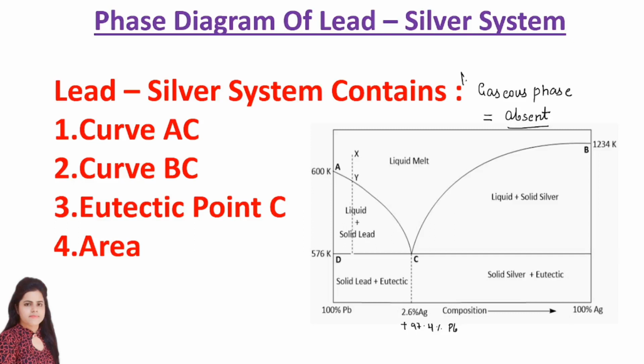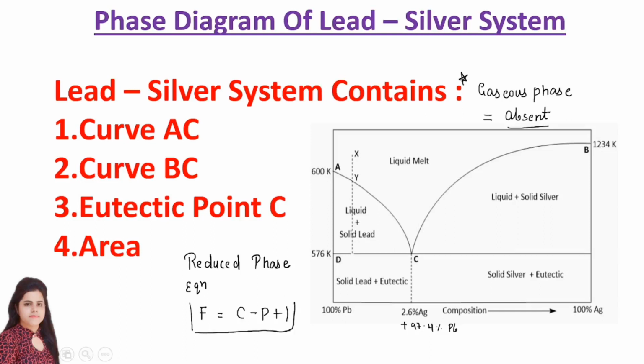Because one phase is not present, we have to use the reduced phase rule. So what is that reduced phase equation? The degree of freedom F is determined by the formula F = C - P + 1. So we will use this equation.